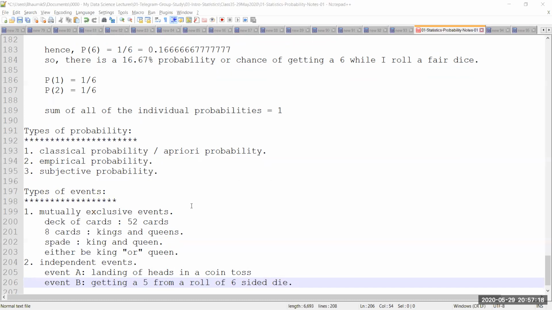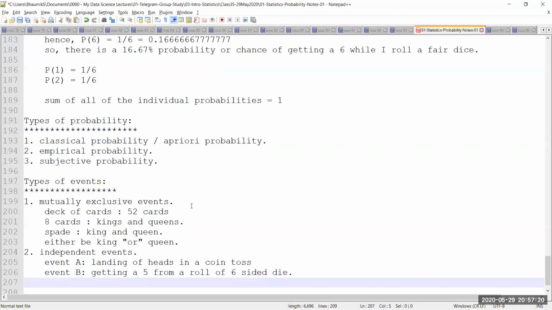These two events are known as independent events because there is absolutely nothing to do with a coin toss as opposed to rolling a die, right? So this is a very common example when it comes to independent events.